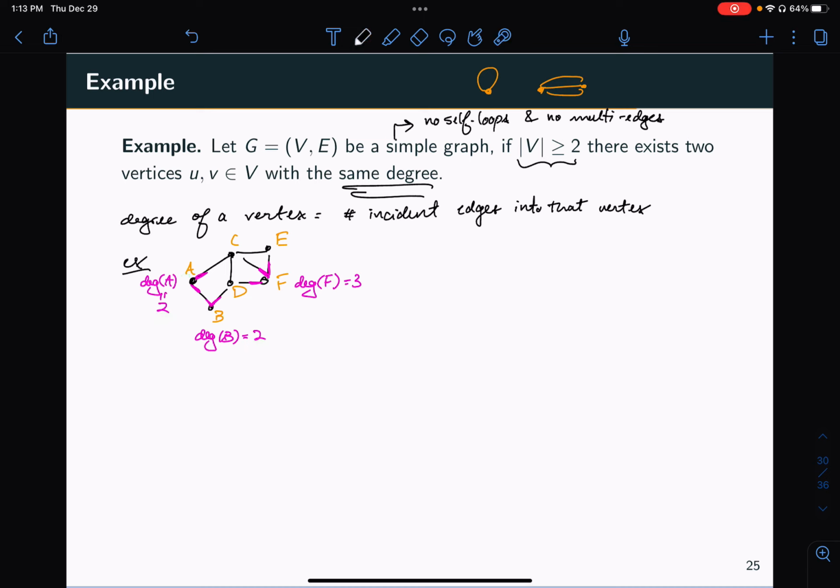If we try to think of another graph, which might not be connected, it's possible. In the statement, there's no claim about G being connected. And so what that means is that you could have, say, a singleton vertex here. Let's call this A. Then maybe you have this vertex B, which is connected to the vertex C, and then this creates a bigger graph here.